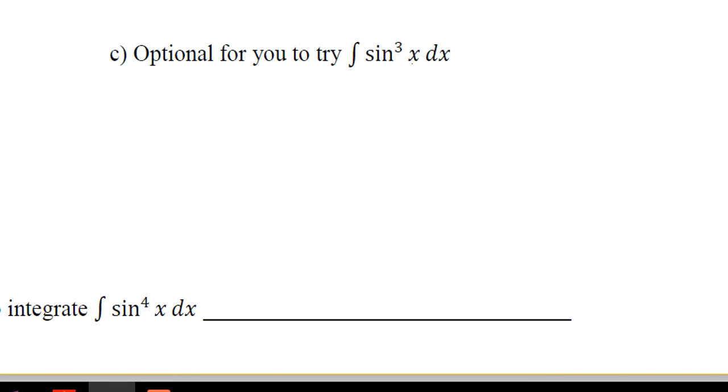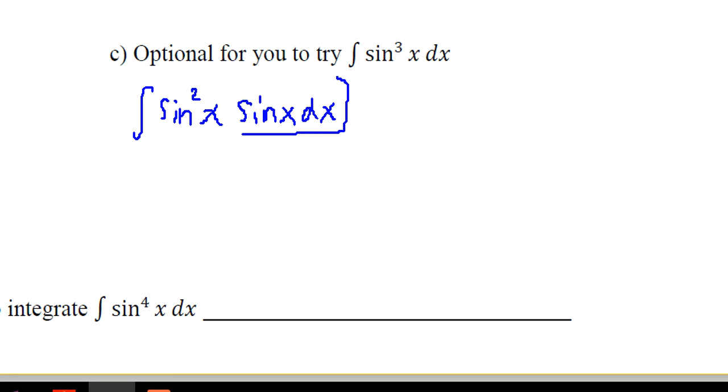How about we quickly do a sine x cubed? So this is it. When I have an odd power, I'm going to isolate one term, and this guy is actually my du, so you let u be cosine x. Think of this as your du, therefore your u has to be cosine x.